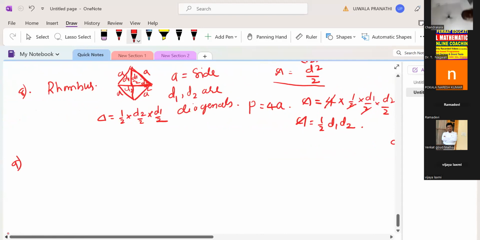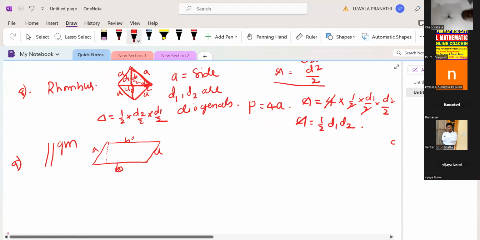Ninth one, parallelogram. In a quadrilateral, if two pairs of opposite sides are parallel, then it is called a parallelogram. So if this is A, this is A, this is B, this is B, and this is the corresponding height.